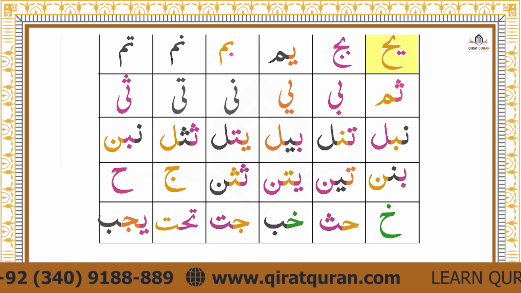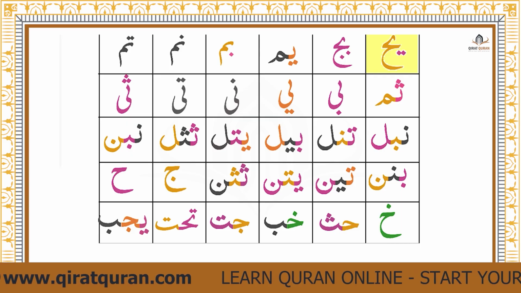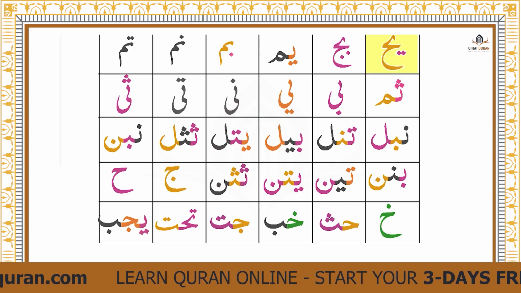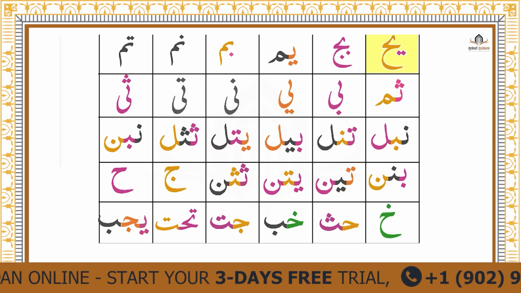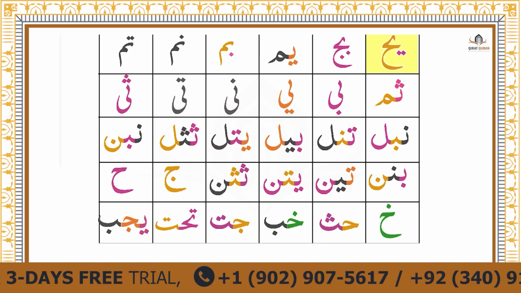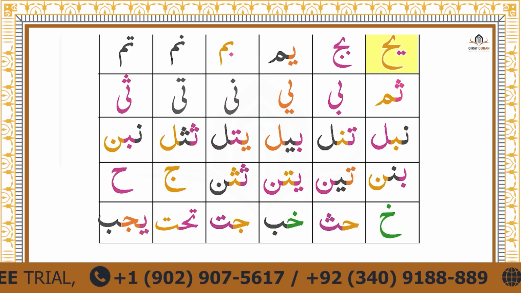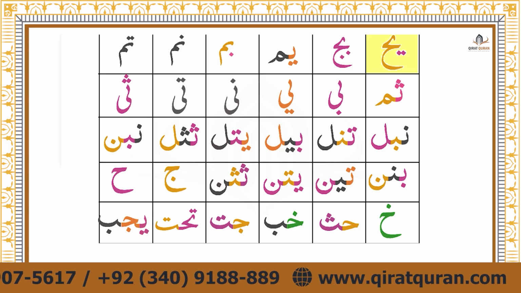But this one we have to recognize by its dots. As we know that a letter having two dots at the bottom is Ya, so this one is Ya, Ha, Ya, Ha.